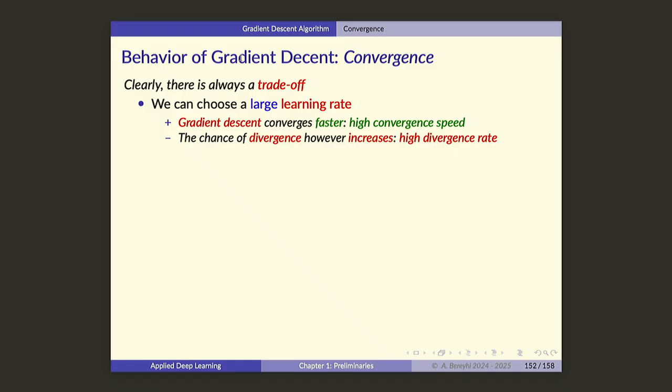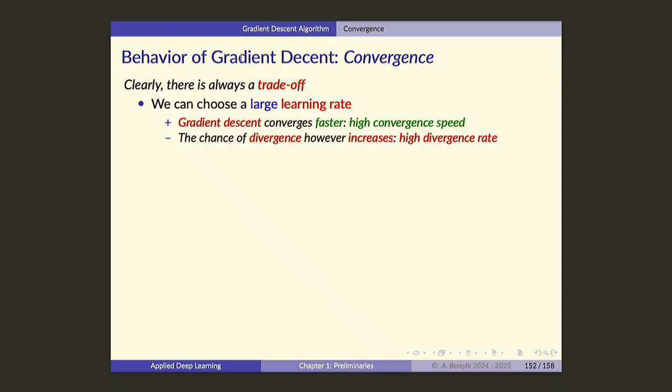If I take my learning rate quite large, then of course every single step that I'm taking is larger, so potentially I can converge faster. But the issue is that, as you have seen, I increase the chance that I just miss the minimizer and go forward, right?